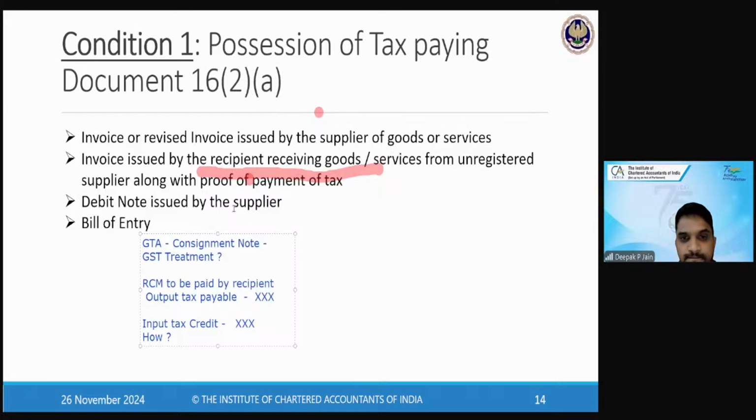We have to pay. Proof of payment. Okay, proof of payment is one. What else? What are the conditions? Is proof of payment alone sufficient to claim the credit?